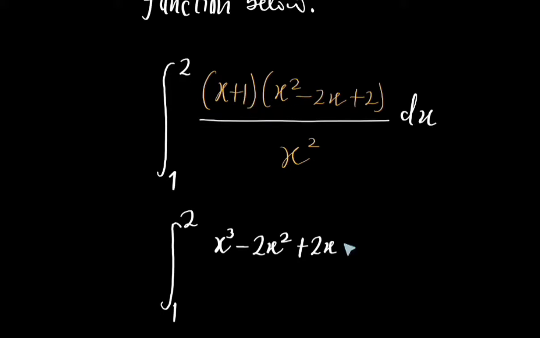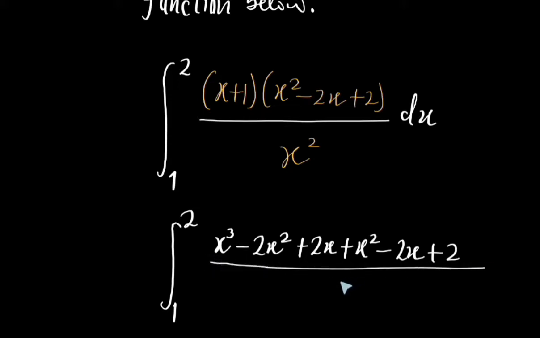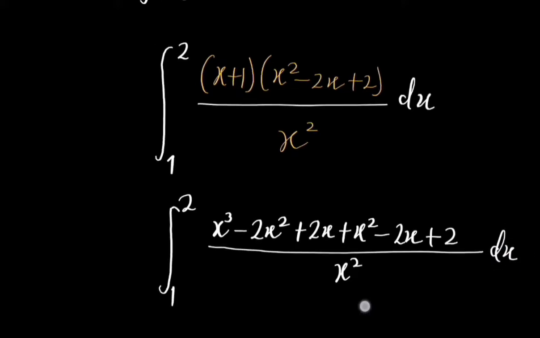So 1 multiplying x² gives plus x², 1 multiplying negative 2x is negative 2x, and 1 multiplying 2 is 2, all divided by the denominator x². Once you get to this stage, you have your dx also repeated.